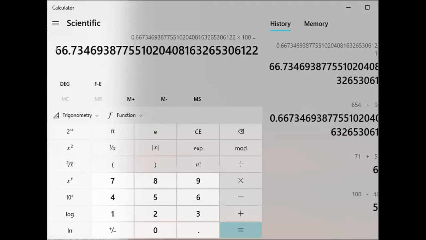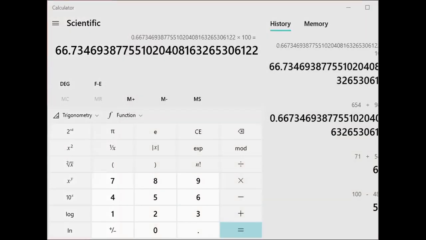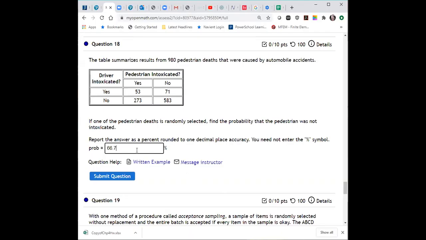So you need to put 66.7. Oh, sorry, I need to save this back to the problem. Okay, you need to put 66.7.